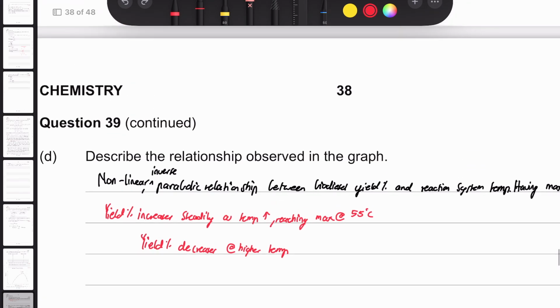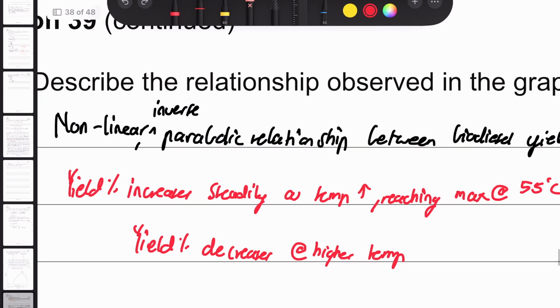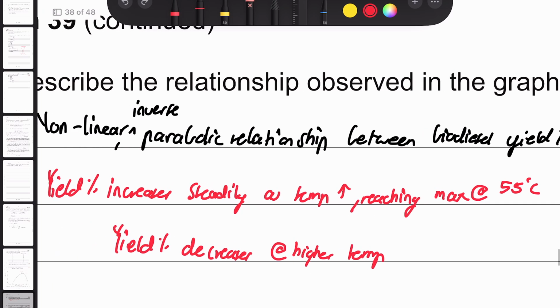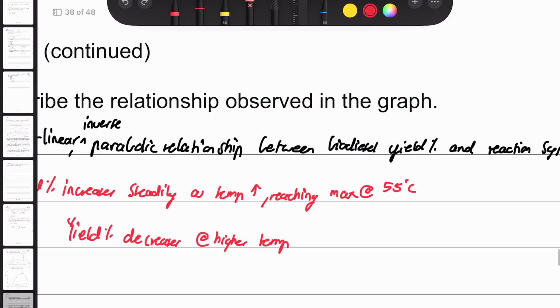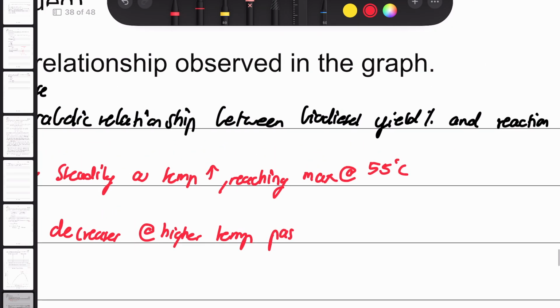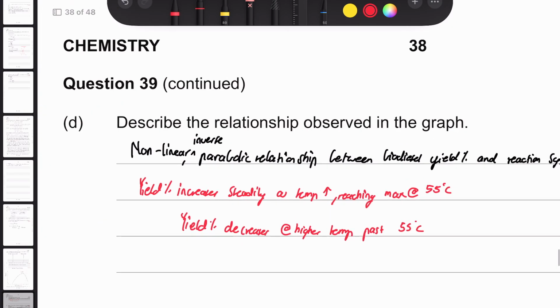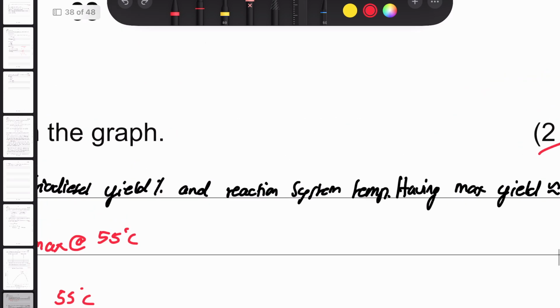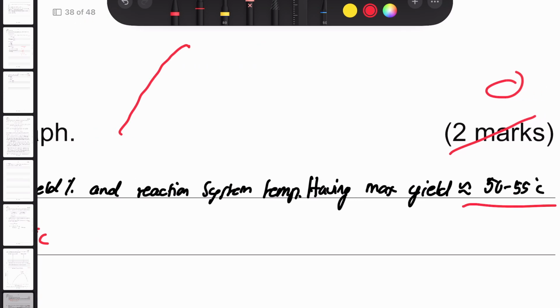And then here you have to talk about a yield steadily increasing as temperature increases, reaching a maximum at 55 degrees, and then the yield percentage decreasing at higher temps past 55 degrees Celsius. Now, an inverse parabolic relationship kind of implies that it goes up, reaches a maximum at 50 to 55 degrees Celsius, and then comes back down.